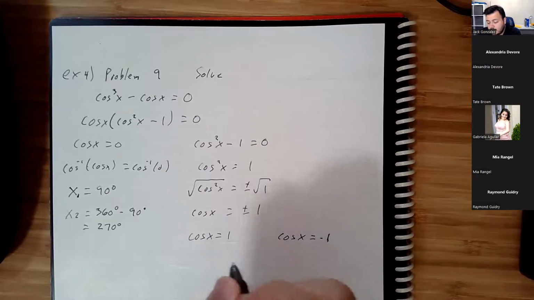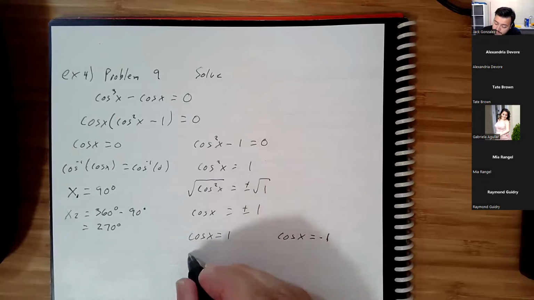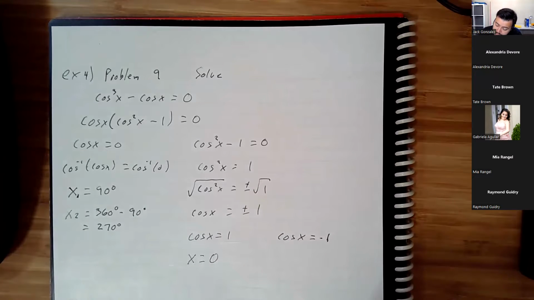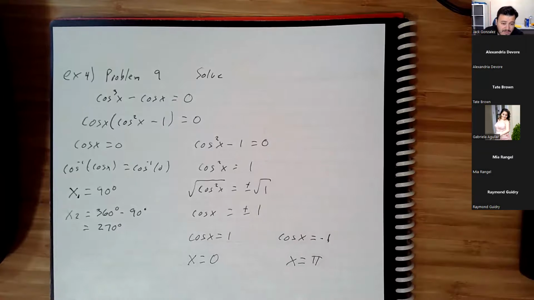Where is cosine 1? Well, there's only one place. This one is going to be 0. This one's going to be pi. They're not going to have 2 sets, actually. If you look at your circle, it's not going to happen.